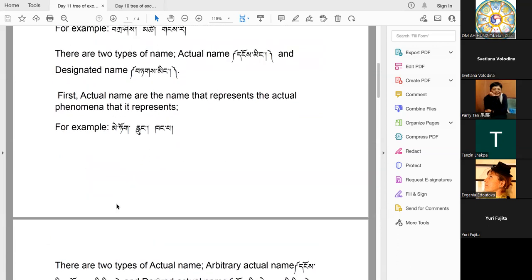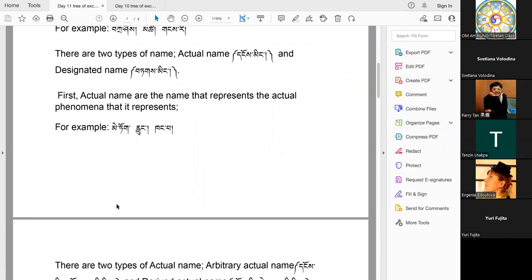Then we have names. For example, let me give a name. Let's say Chu. Chu would represent a name that is actually the water, right? So these are the actual names, the names that actually represent the phenomena that they function to represent.